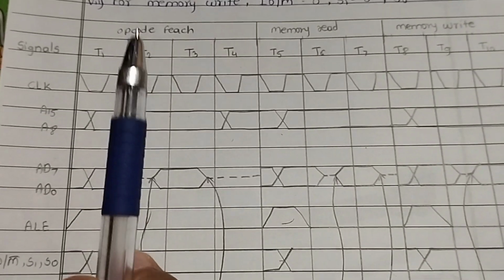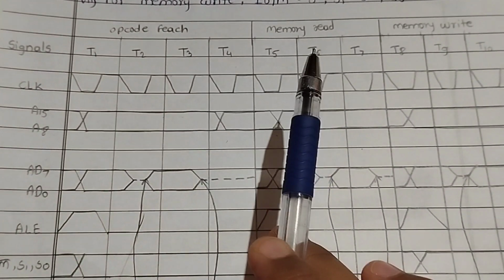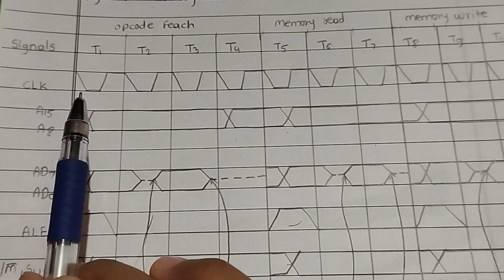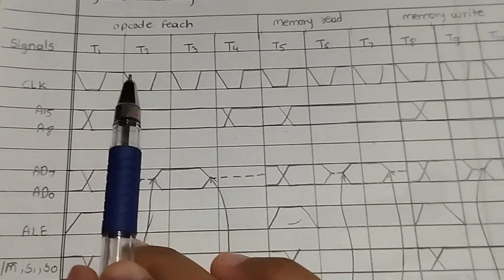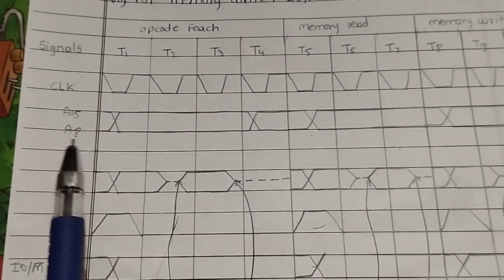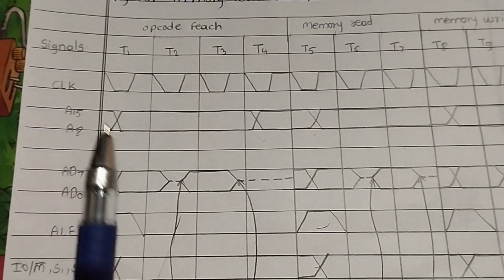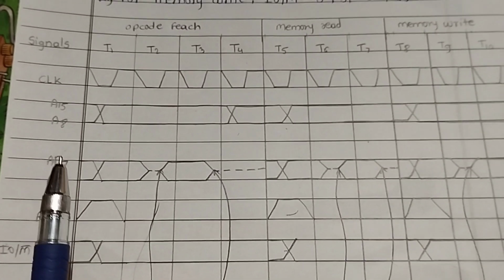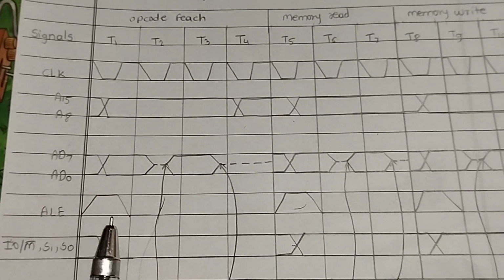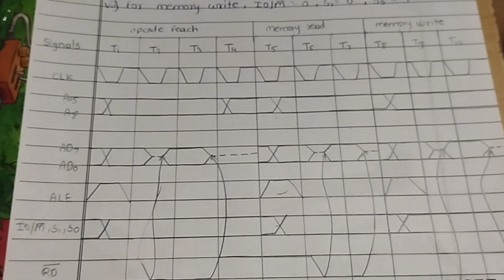First draw all the T states, 4 for opcode fetch, 3 for memory read and 3 for memory write. Then draw the clock signal as it is for the whole machine cycle. Then draw the higher-order address, then the lower-order address, the data and address buses, then ALE. So in this way we draw the whole machine cycle.